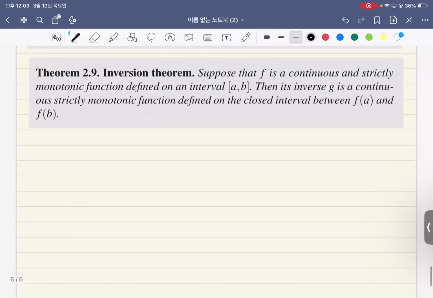Okay, the proof. So we will show that f inverse is continuous.